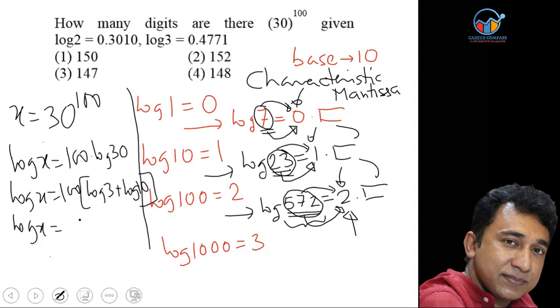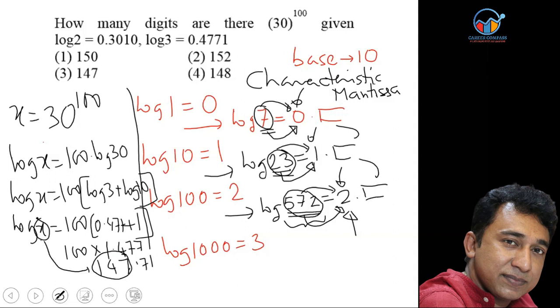So it will be 100 into, this part will be 1 for log of 10, and then as they have given, log of 3 you can take as 0.477. So what we have here is 1.477 into 100, which is 147.71. The number of digits of x will be 1 more than the characteristic.